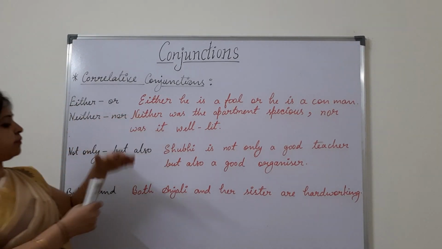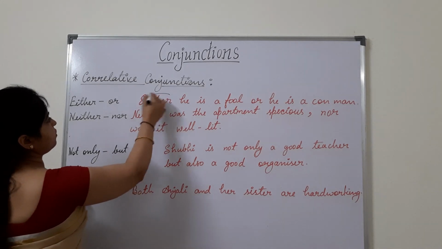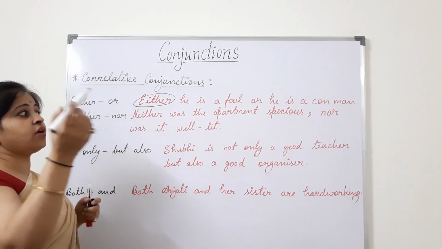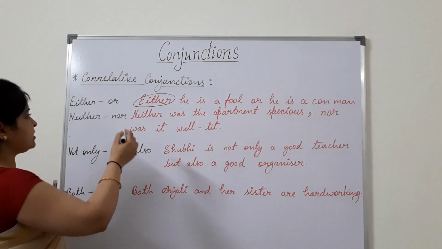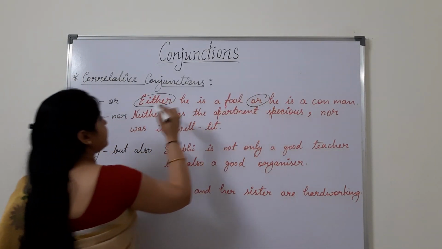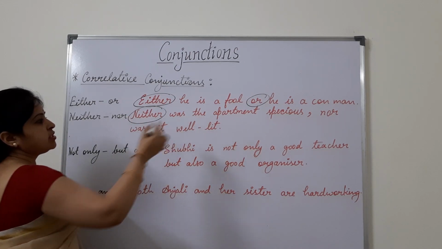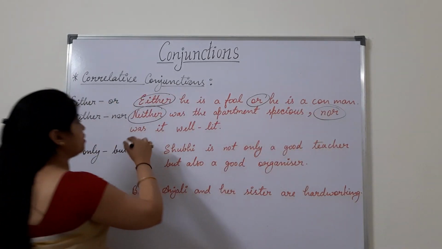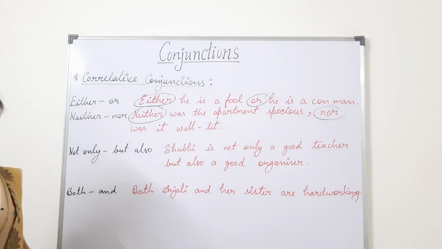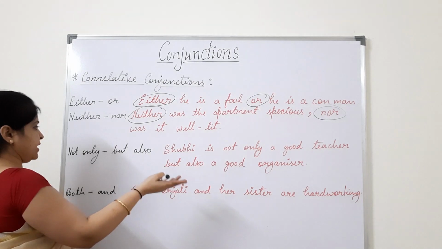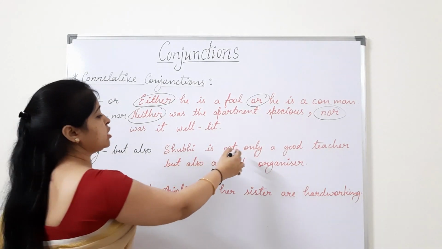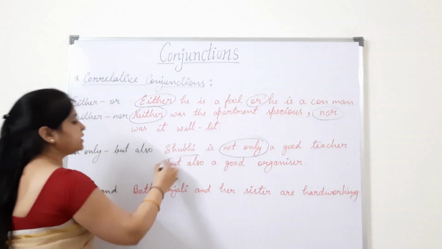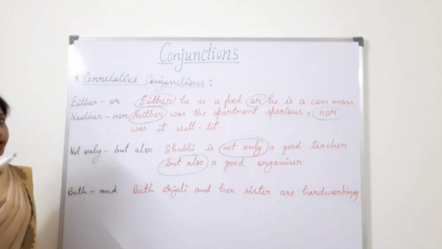Either...or. So, "Either he is a fool or he is a con man." Next, "Neither was the apartment spacious, nor was it well lit." Pair. Next, "Shubhi is not only a good teacher but also a good organizer."